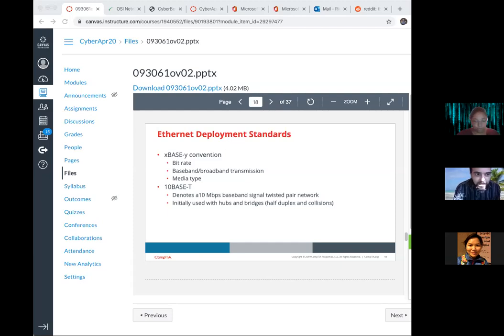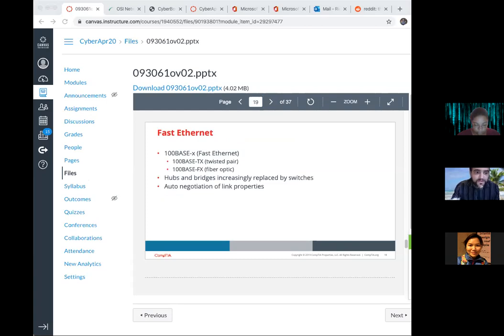10 base T is working at 10 megabits per second on a single twisted pair network, and it was used with hubs and bridges back in the day. Fast Ethernet was an update to 10 base T, and it uses CSMA CD as the other one did. However, they have better frequency signaling and higher encoding methods, and it raised it from 10 base to 100 base. So 100 base refers to Fast Ethernet working over Cat5.